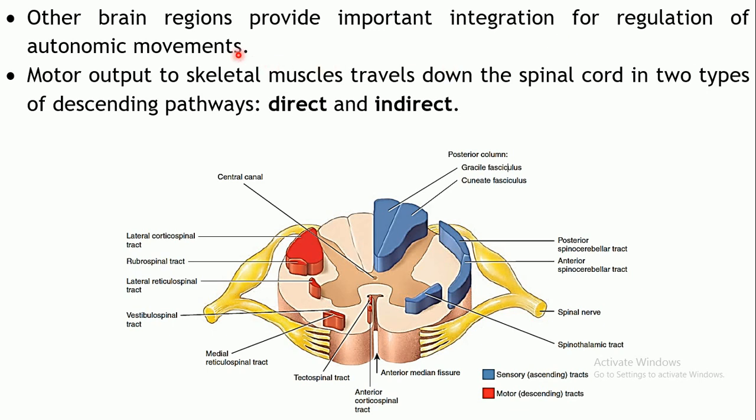Whatever the output may be, that is called a motor output towards the skeletal muscles. It will travel down along the spinal cord in two types of descending pathways, the direct and the indirect pathways.